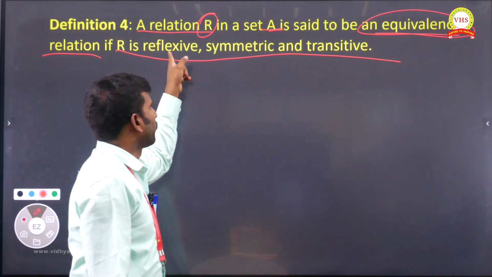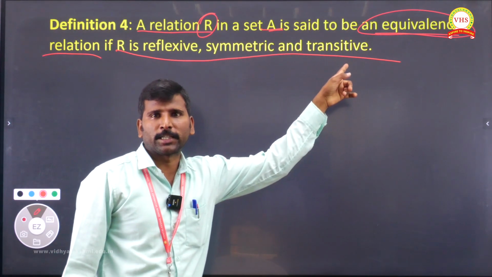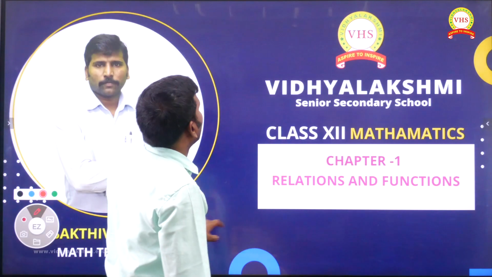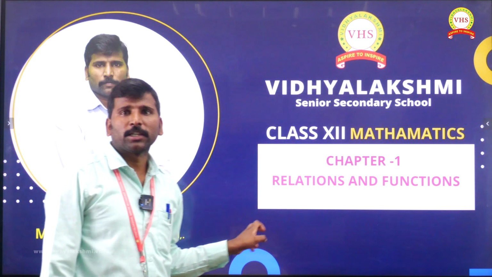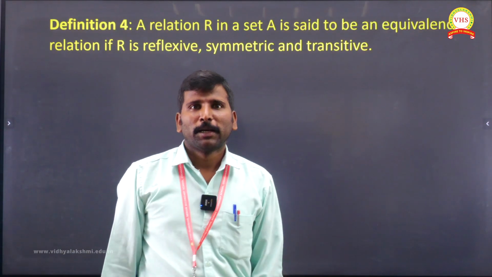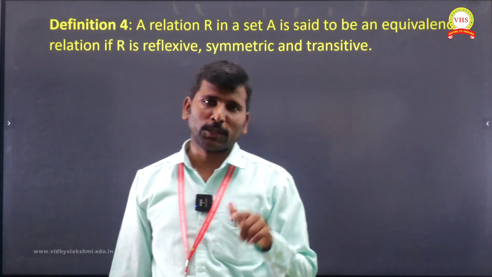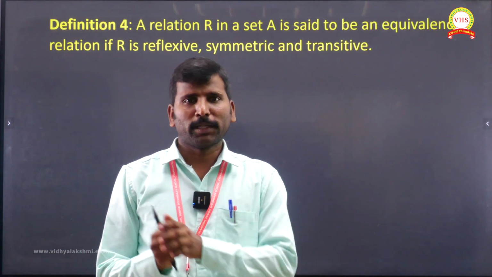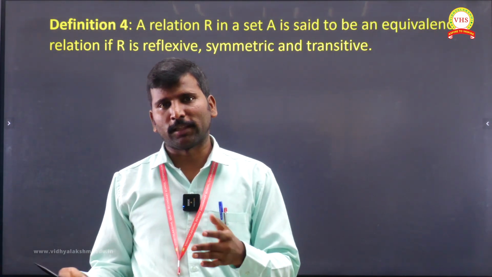We have seen what is reflexive, symmetric and transitive in the previous slide. The continuation we'll see in the next video, children, based on reflexive, symmetric, transitive, with examples and questions on equivalence relation in the next part.